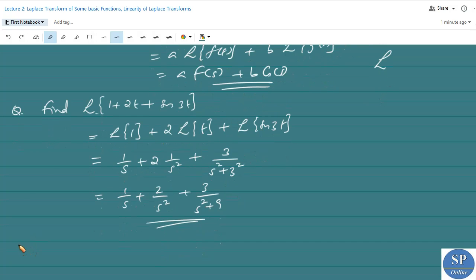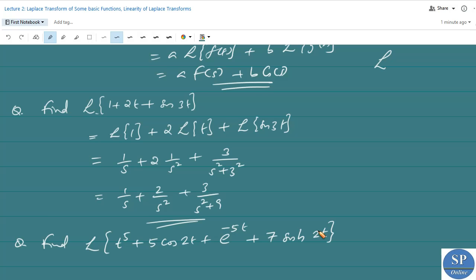Okay. Next question. Find the Laplace transform of t power 5 plus 5 cos 2t plus e power minus 5t plus 7 sinh of 2t. Okay.